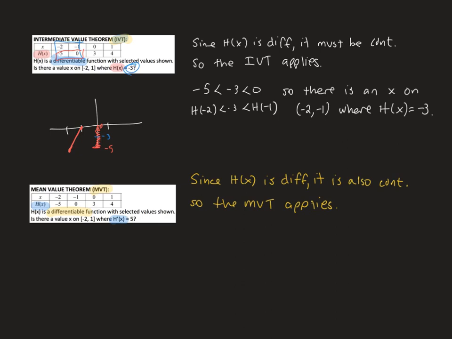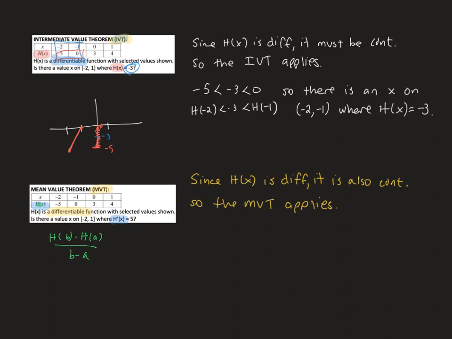And what the MVT says is, if I can find in my table a place where the average rate of change, and just a reminder of what average rate of change is, h of b minus h of a over b minus a. And I used h because that's the name of this function here.